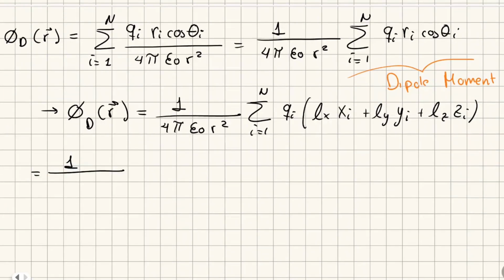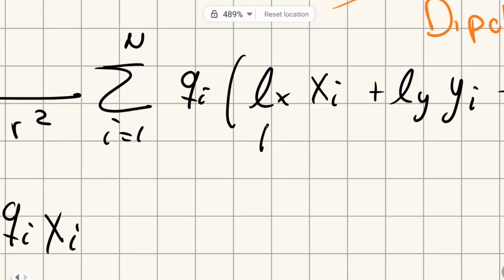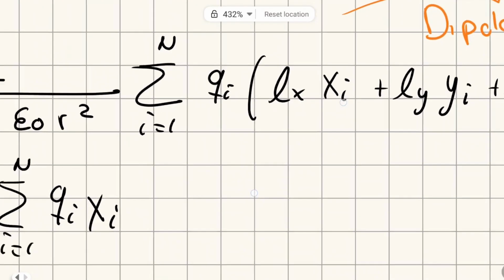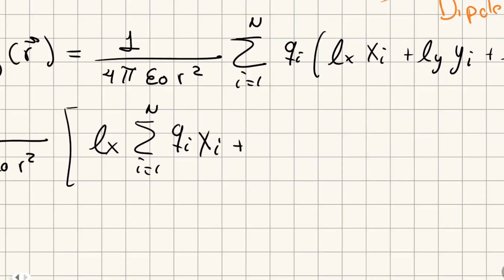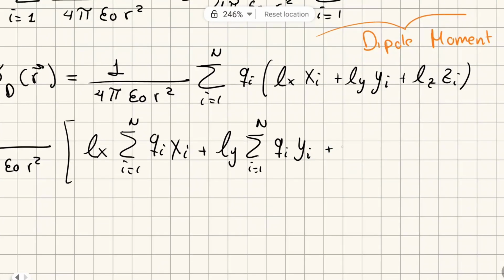We get 1 over 4 pi epsilon 0 r squared times Lx times the sum from i equals 1 up to n of qi xi. I'm taking out the Lx because it does not have any i index, so it's just a constant that we can take out from the sum. Plus Ly times the sum from i equals 1 up to n of qi yi, and then plus Lz times the sum from i equals 1 up to n of qi zi.